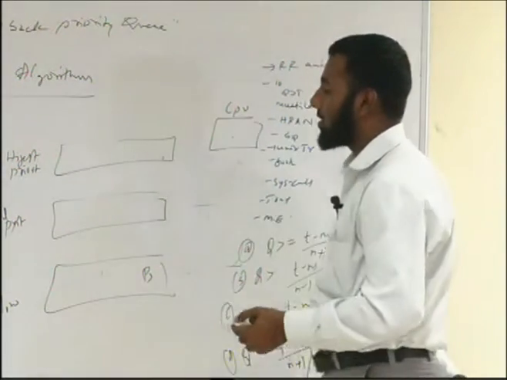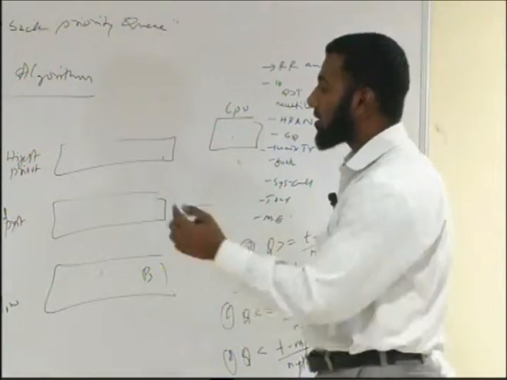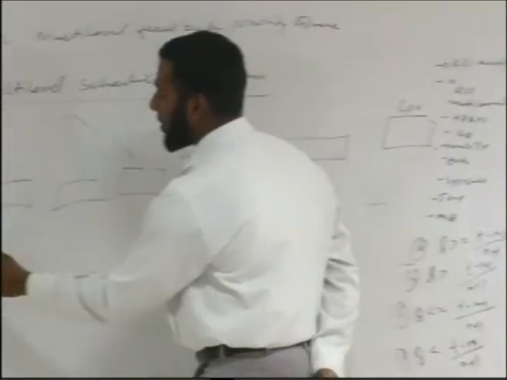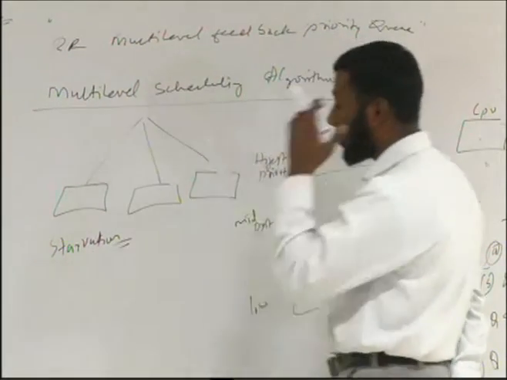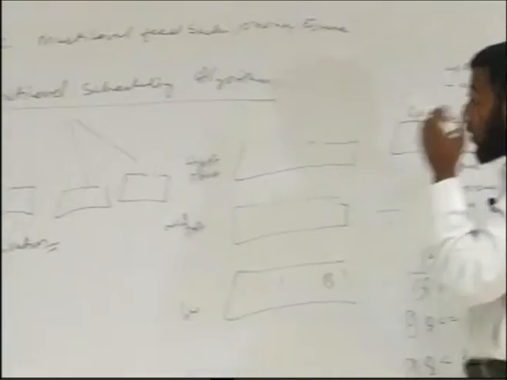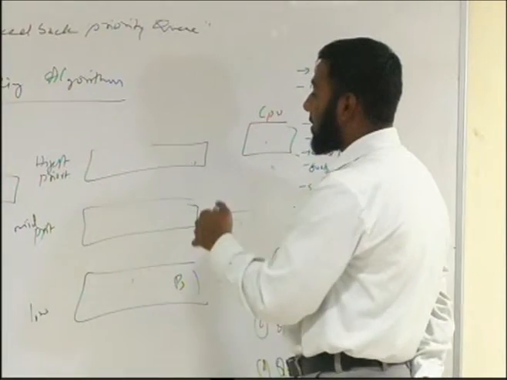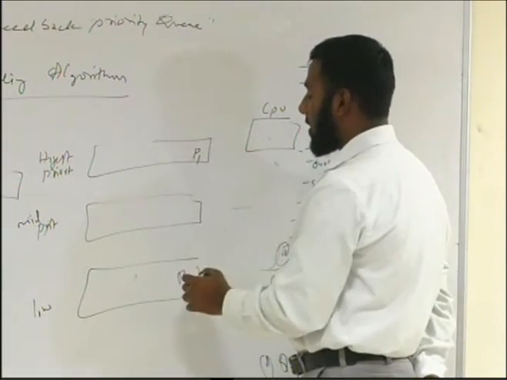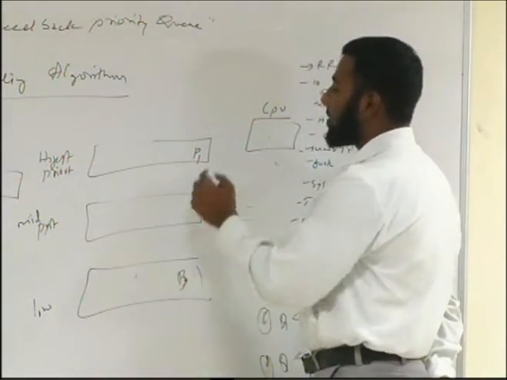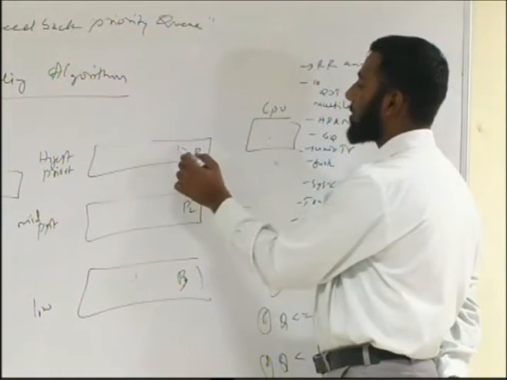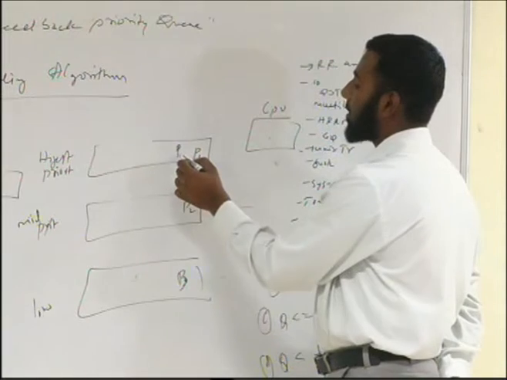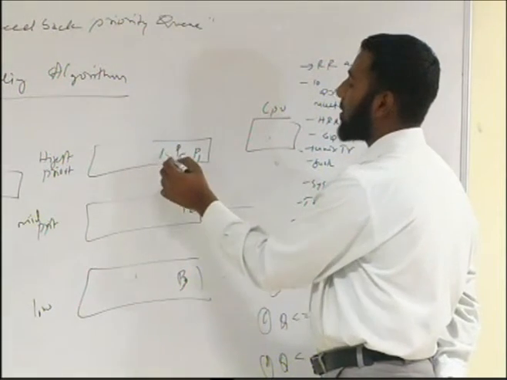But there is one problem with this. The problem is starvation again. There is a possibility of starvation. Assume that there is one process which is running and another process which is waiting here. While this process is executing, another process comes. When process P2 is executing, another process comes, then P5, P6.